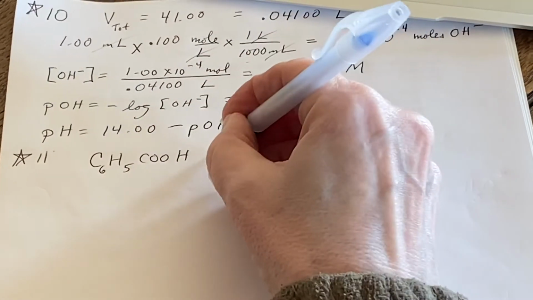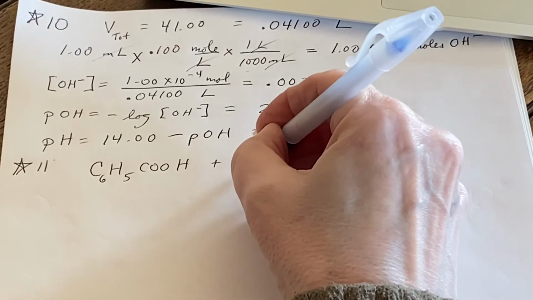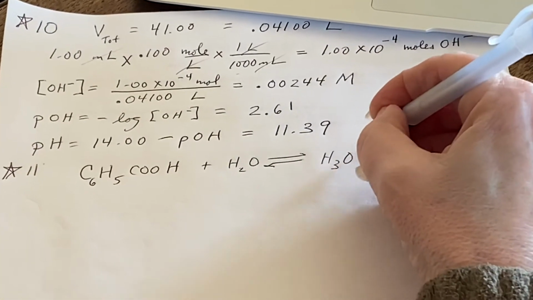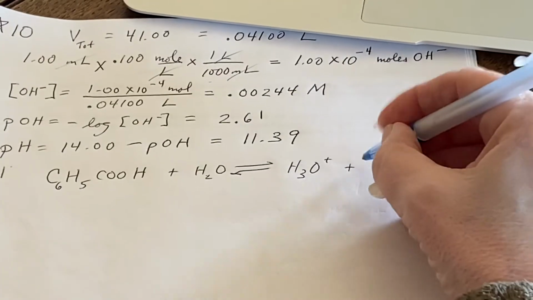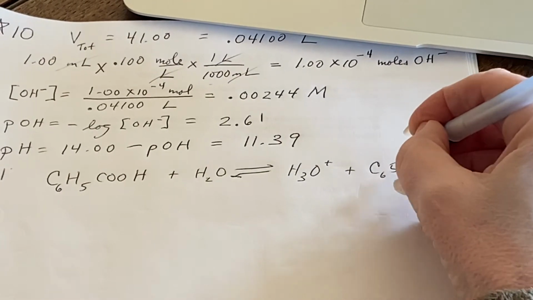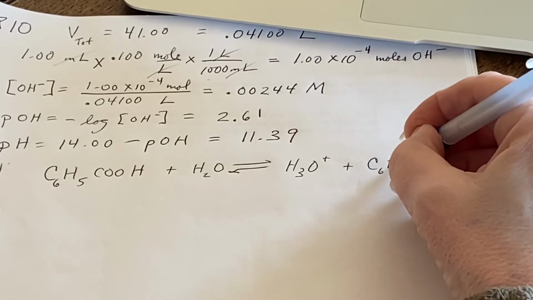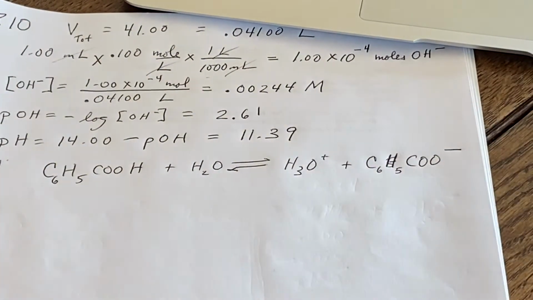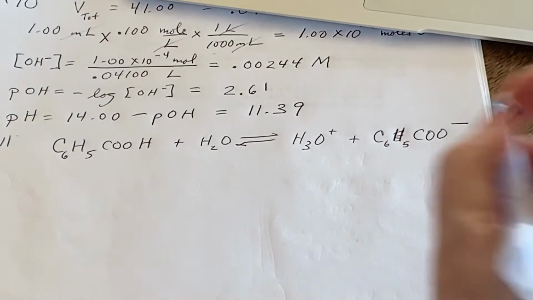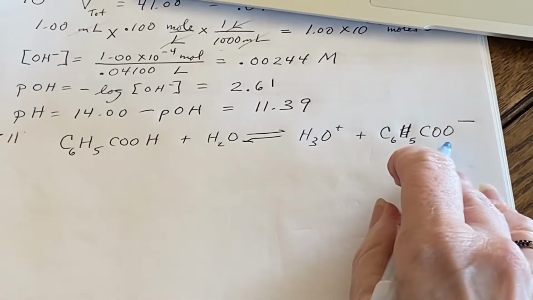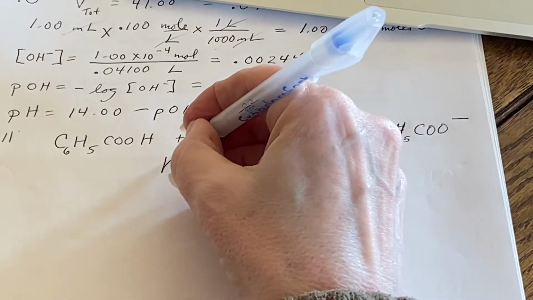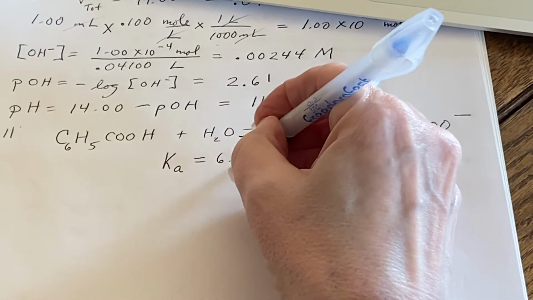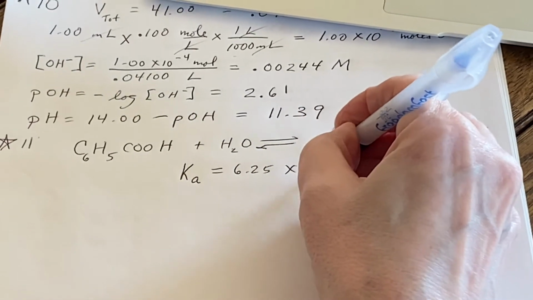C6H5COOH and water in equilibrium with hydronium ions and the C6H5COO minus, right? If I go look this up, I will find out the Ka for the benzoic acid is 6.25 times 10 to the negative 5th.